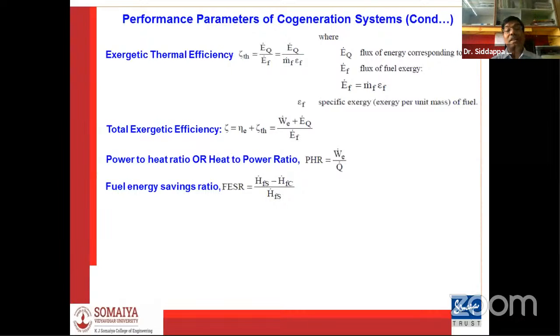Once that steam does the work on the turbine and comes back to the condenser, it gets condensed. If I am not going to take that condensate back to the boiler, then every time I have to supply the total amount of enthalpy, the sensible heat of water plus the enthalpy of evaporation, h_f plus h_fg, to the boiler.